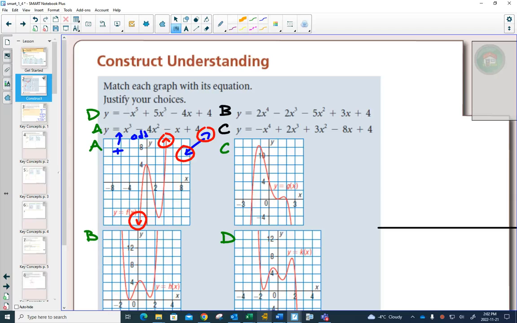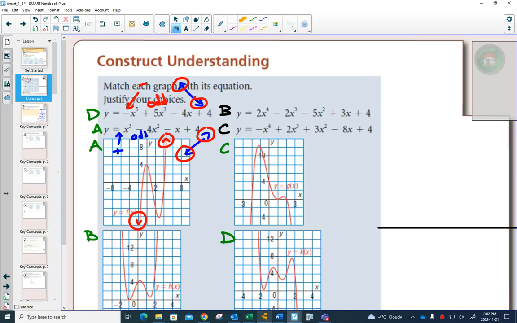Same thing, the other odd one was the x to the 5th graph, but this is negative. It's still an odd function because it has an x to the 5. But if you had a line with a negative slope, your end behavior would look like this.